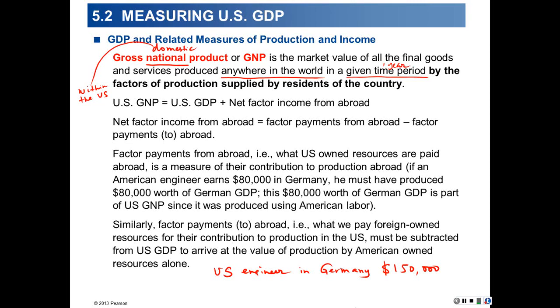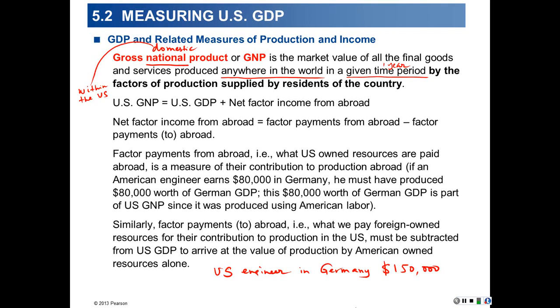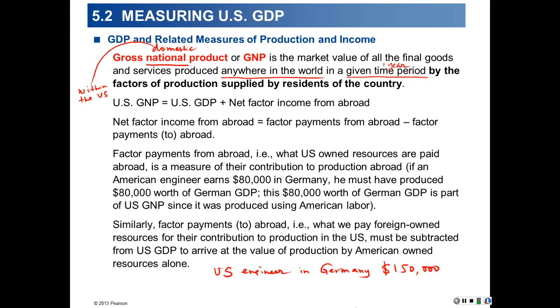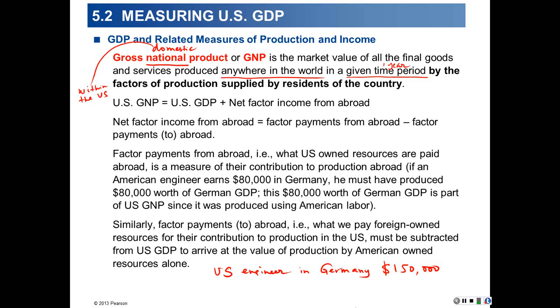This guy is an American resource. He's American labor. Right? Now, how do we figure out what he produced in Germany? The value of what he produced in Germany, so as to count it as part of our GNP. Any ideas? All we know is his salary. Can we use that salary to figure out his contribution to production of final goods and services in Germany? Yes, right? What logic would we employ?